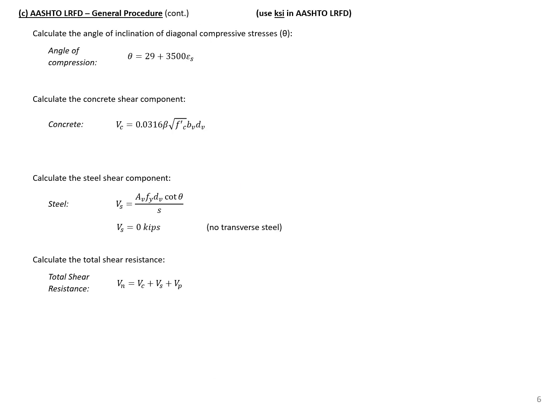We can also use our strain at the level of our tension steel to find the angle of our compression or the crack angle. So this will be 29 plus 3,500 times our strain that we found on the previous slide, 0.000956.